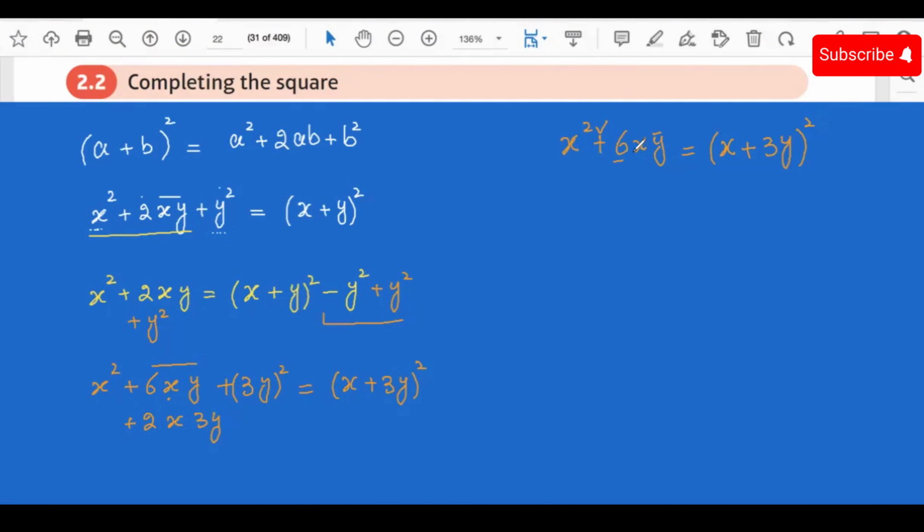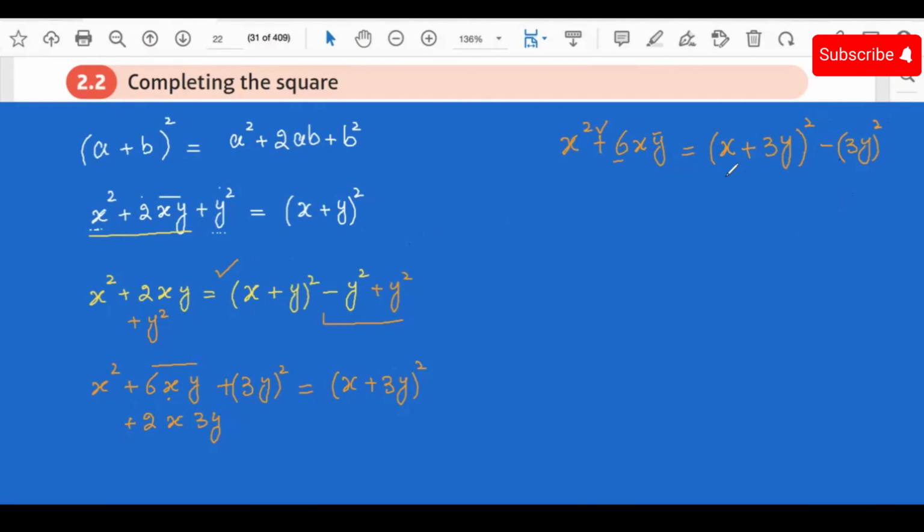Then to equate both sides, as we tried in our yellow equation, we need to take away the square of the second term, which is 3y square. So you can say that it is negative 3y square, to equate both sides of this equation.